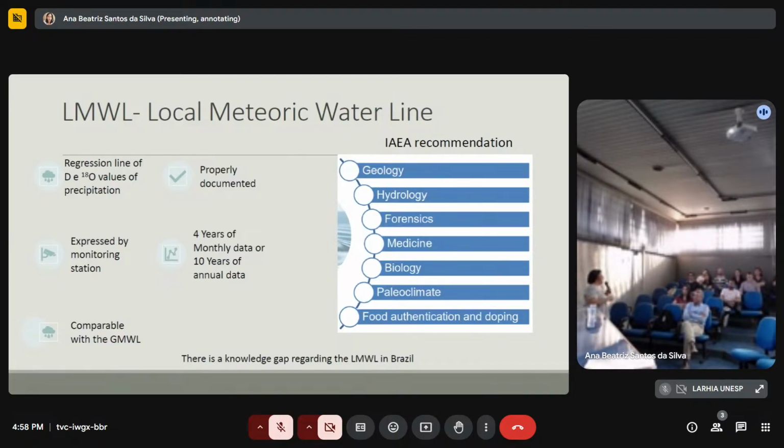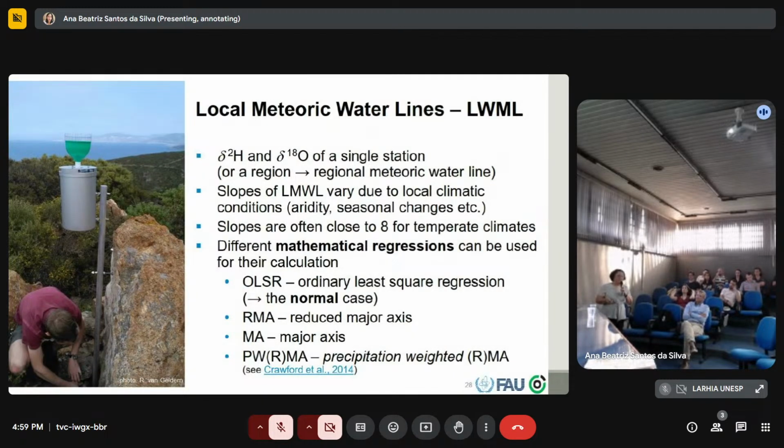Outside Europe and the US, there's this knowledge gap about the documentation of the local meteoric water line. So what I will try to show you is how we could correct that and work together to construct this line that can be used in many applications.